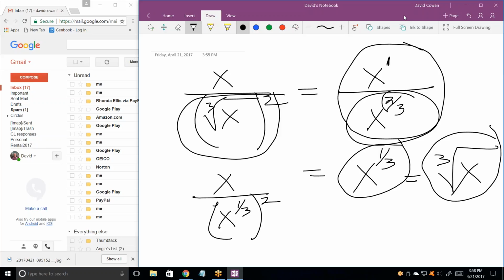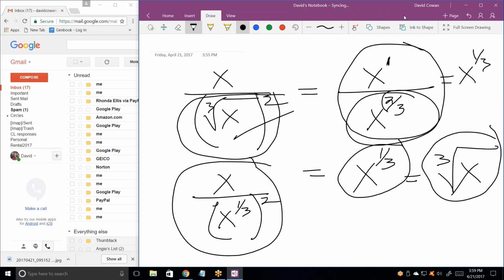Well, I'm going to subtract the exponents. That gives me that. It really wasn't hard. It was hard only because they mixed up radicals and exponents in the same expression. Had they given you the problem like that, you wouldn't have had any problem with it at all.